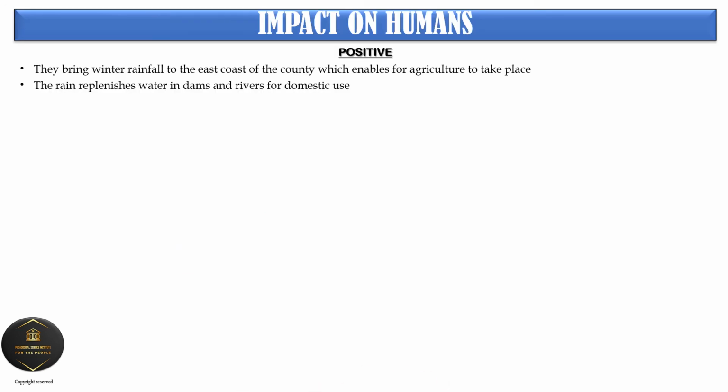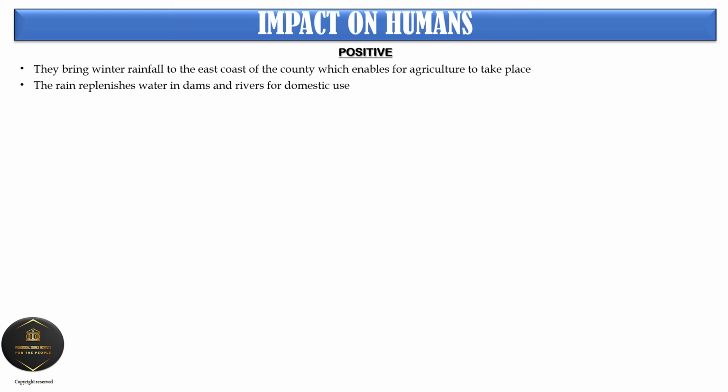So on the impact, we're starting with the impact on humans. Something you must note, a positive impact of tropical storms is very minimal. Please take note of that, right? The positive impact is very minimal. So that's why we don't usually talk about it.